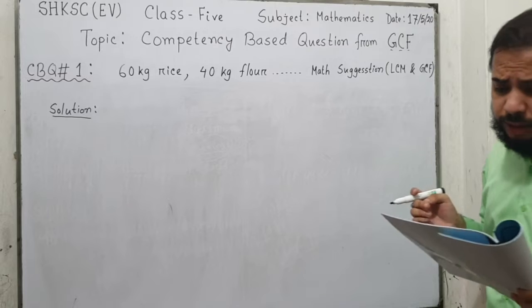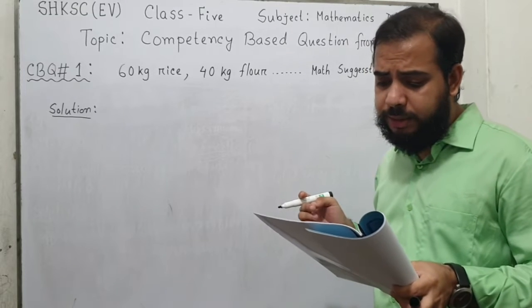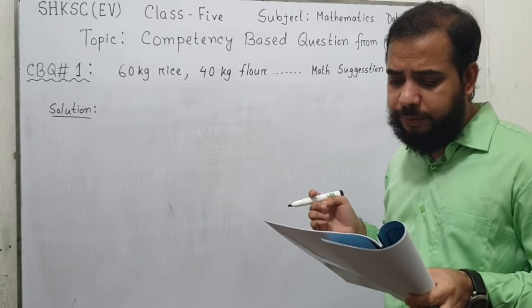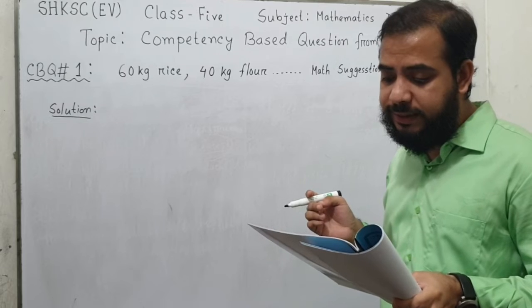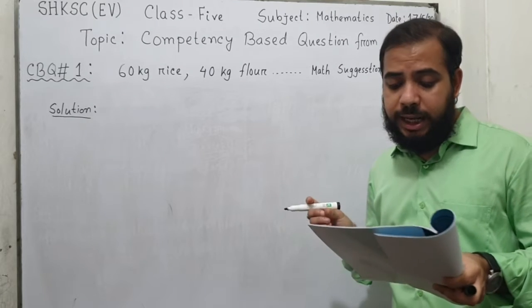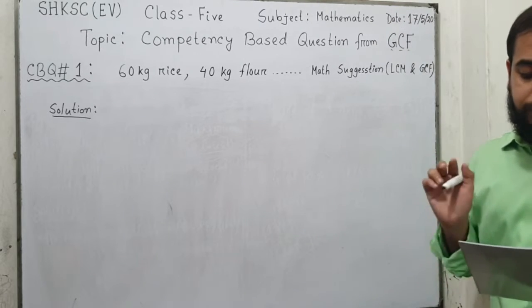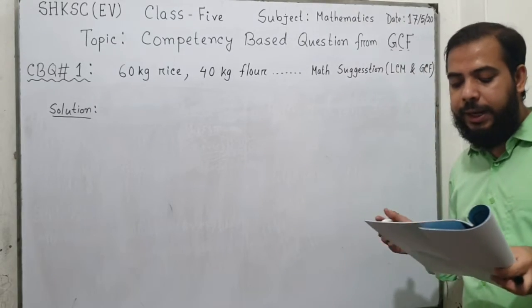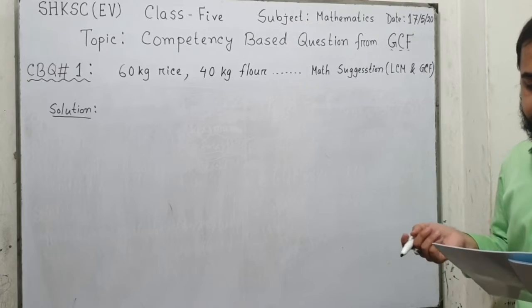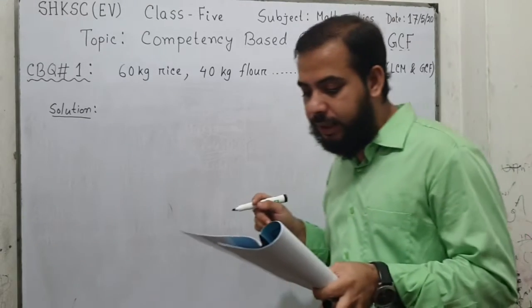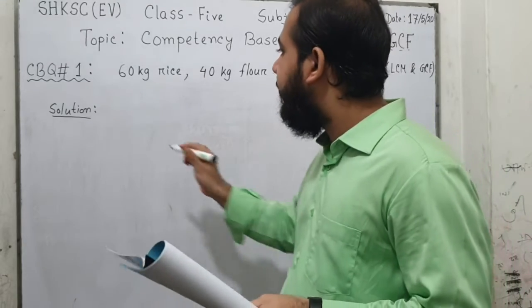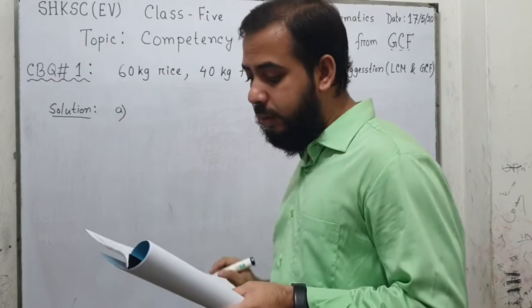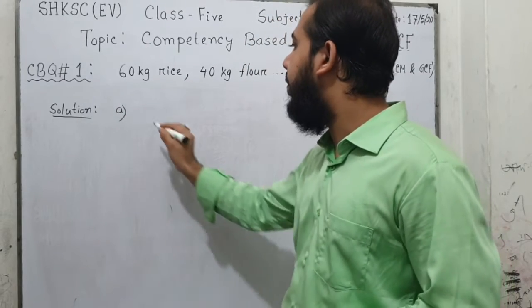What are the numbers we have to find the GCF of? We have to find the GCF of 60 and 40, because the question asks only about two items, rice and flour, and the rice is 60 kg and flour is 40 kg.